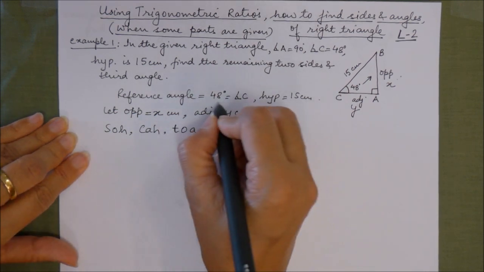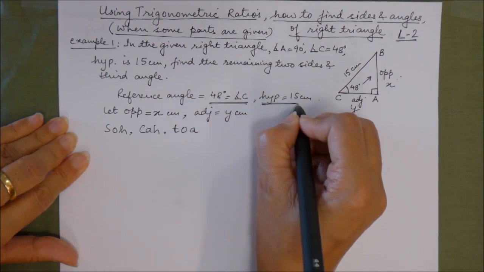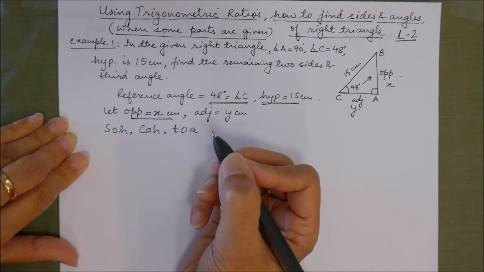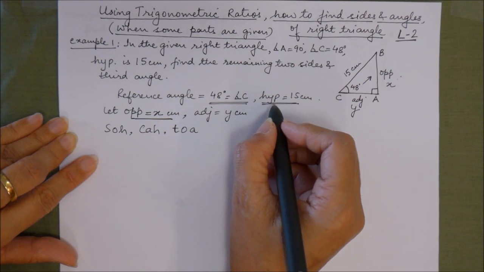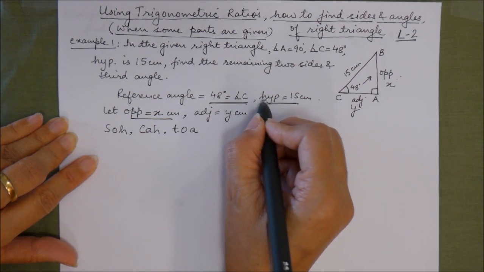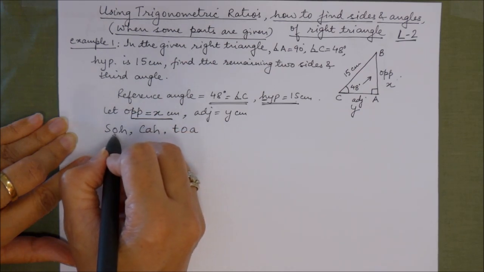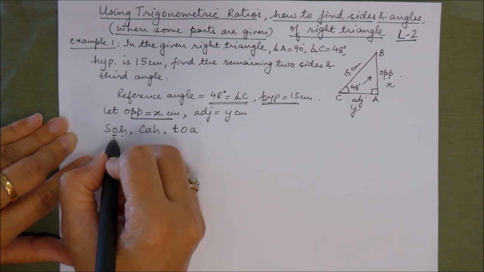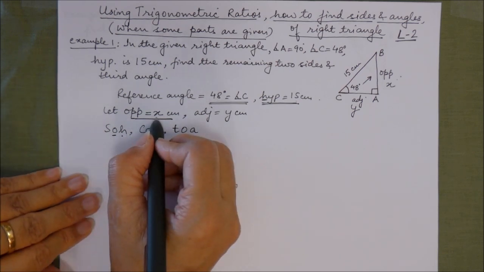Now the reference angle is 48 degrees, the hypotenuse is 15 centimeters and we have to find the opposite side x. So you have to use the trigonometric ratio in which the hypotenuse, which is given, and the opposite side appear. So we can use sine equals opposite upon hypotenuse for finding the side x.